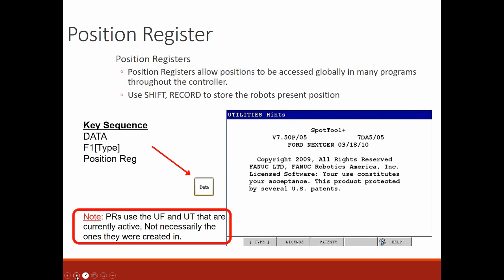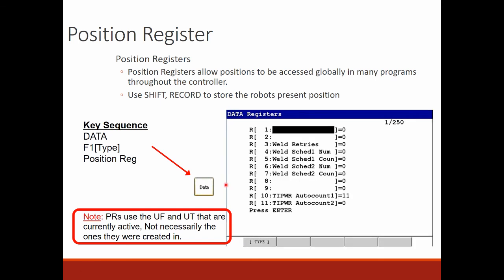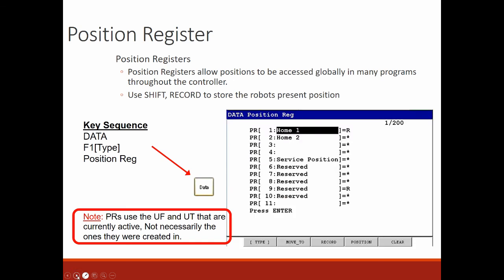And to access that, we would select data from our teach pendant, and that would often bring us to our data register screen. By selecting F1 for type, we can then pick position registers, and then that will take us to our position register screen.